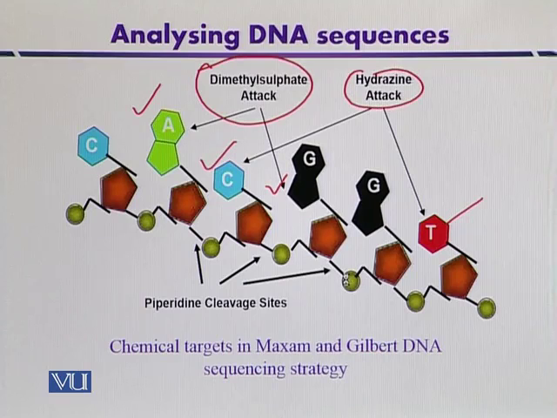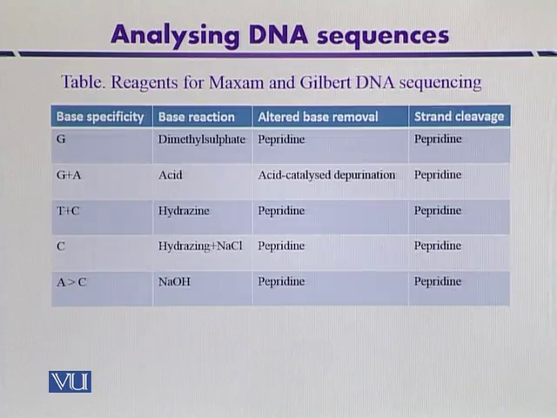So different chemical reagents can alter different sets of nucleotide bases. Again, this table indicates different sets of bases and the chemicals that can alter them. For example, in the case of guanine, the chemical reagent is dimethyl sulfate.